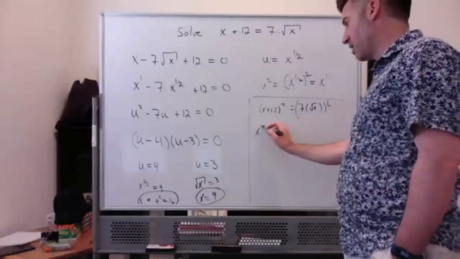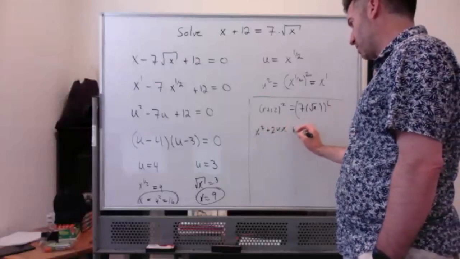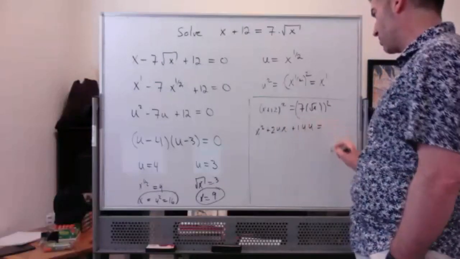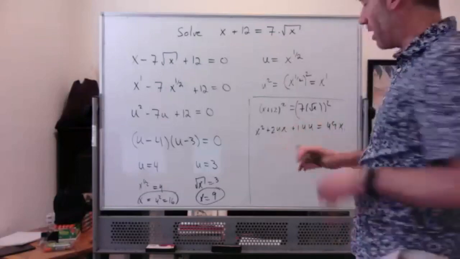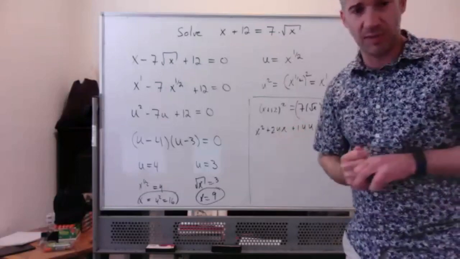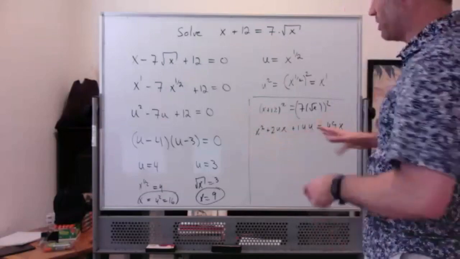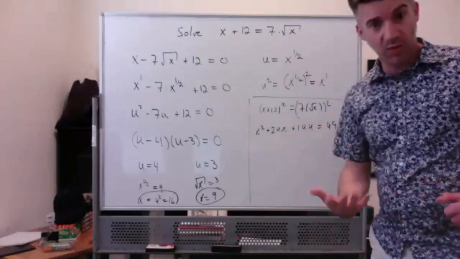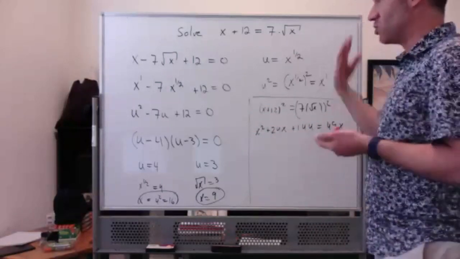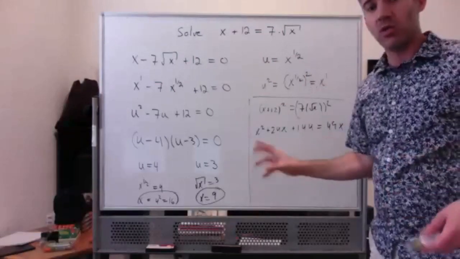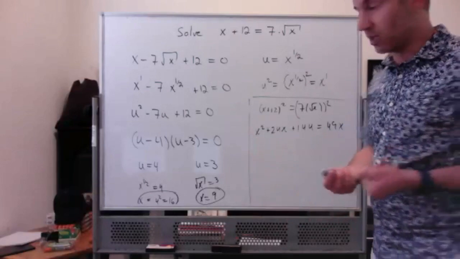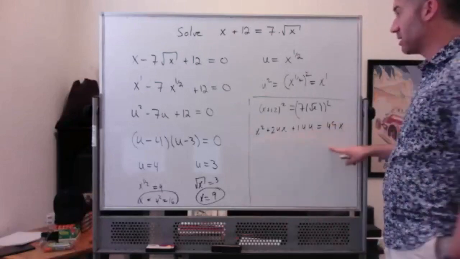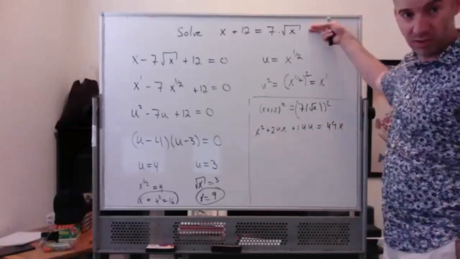And then this would be x squared plus 24x plus 144 equal to 49x. That's another way you could do this. It's not what I would prefer to do in this particular case, because it's not really the point. What I want to say is, you might have learned that when you square both sides of an equation, you introduce the possibility of what's called an extraneous solution, meaning you might have something that's a solution to this that wasn't actually a solution to your original equation.